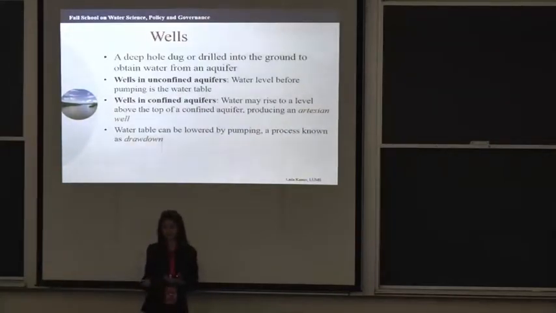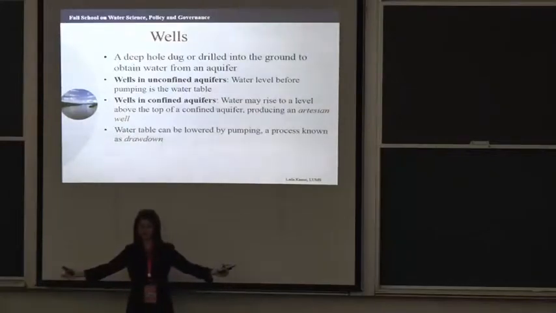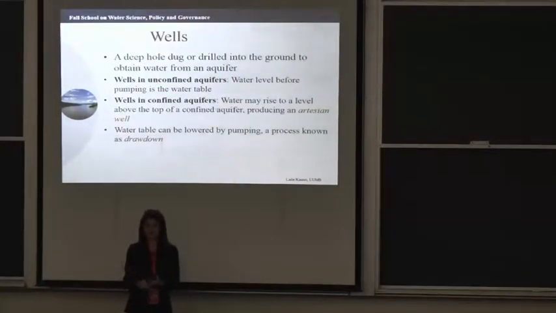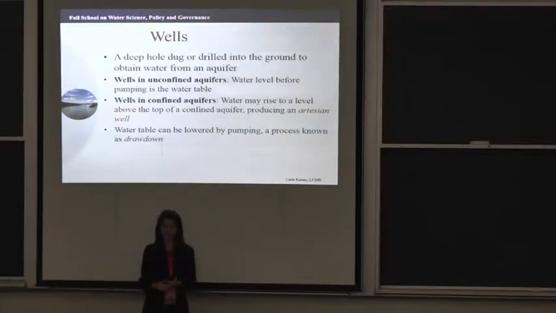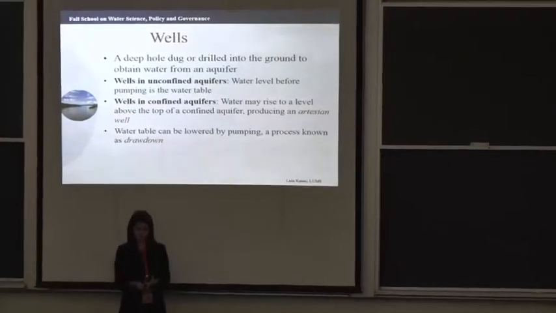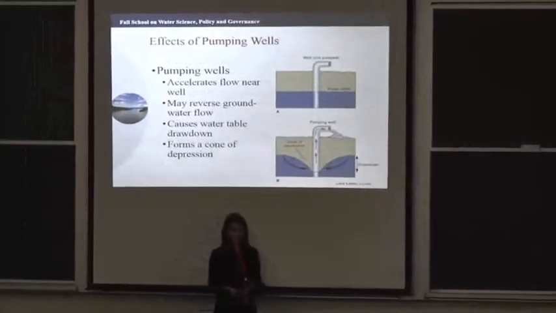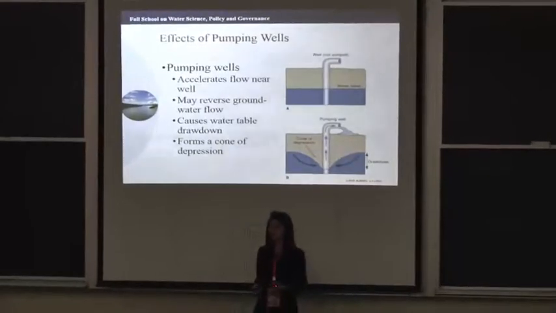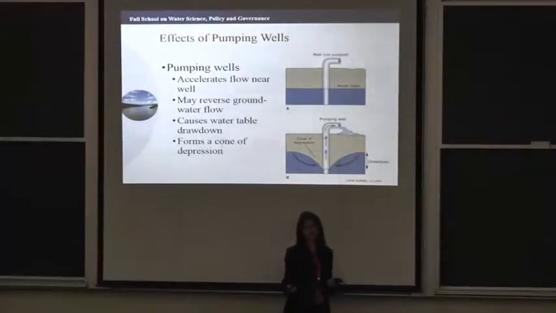If you pump, you basically force groundwater from other sources to come towards that pump because you create a pressure difference. This also causes water from all of the other layers to go down. So you can use wells to move groundwater faster.